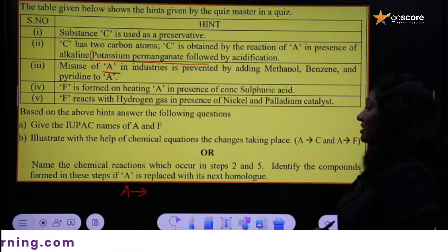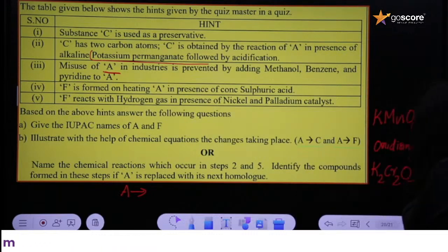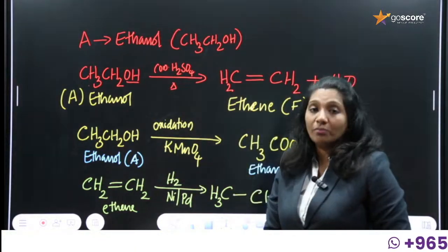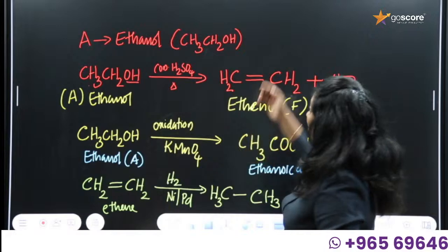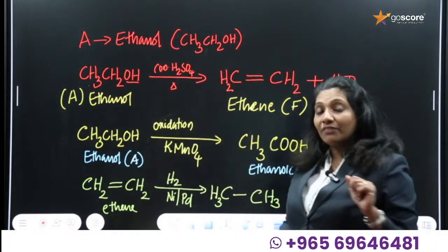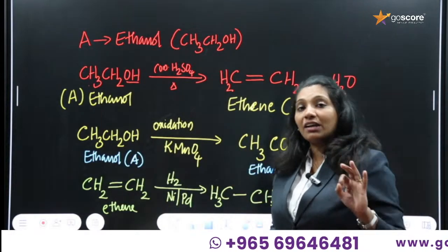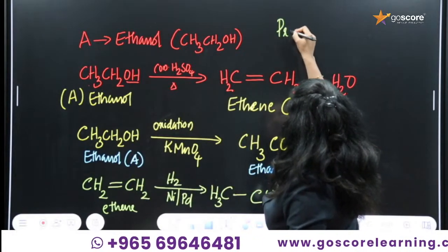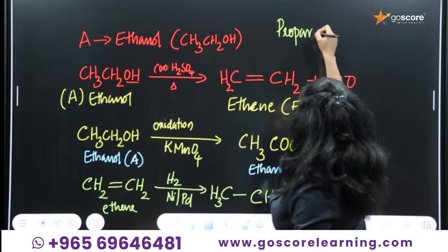And identify the compound formed in these steps, that is in step 2 and step 5, if A is replaced with its next homologous member. We have A, ethanol. What is the next homologous member of ethanol? The next member is the alcohol containing 3 carbon atoms, right? So your next homologue is propanol, right?